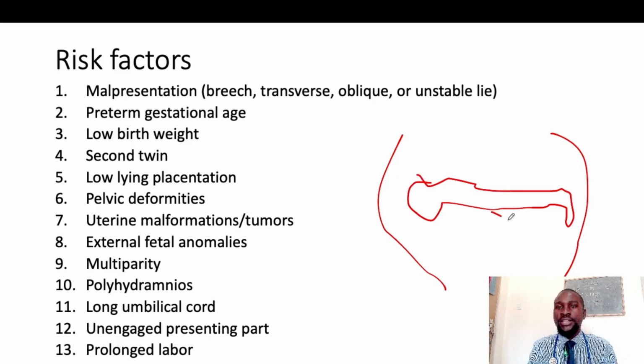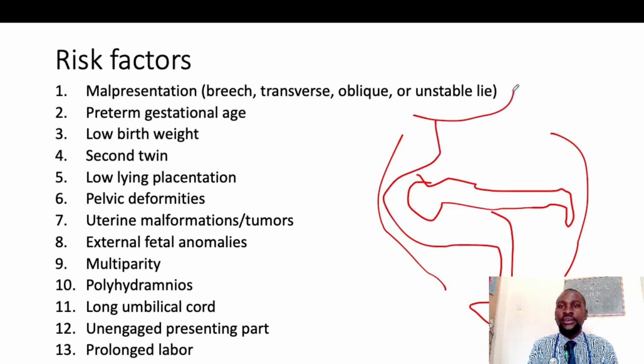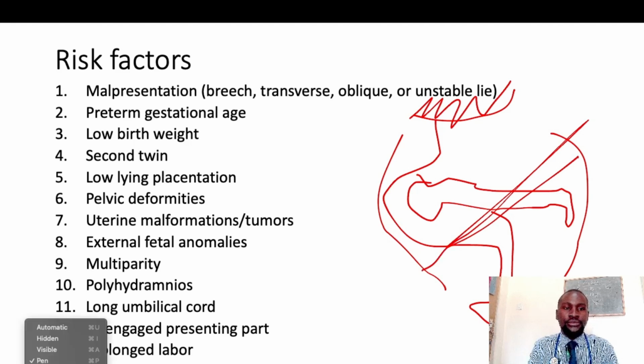This cord can easily prolapse as it goes and inserts on the placenta. That is what we're talking about. It's the same thing, except if it's an oblique lie, the baby will lie in this direction. You see?